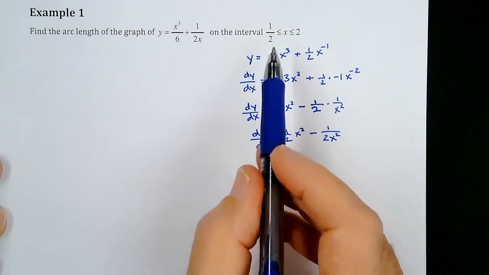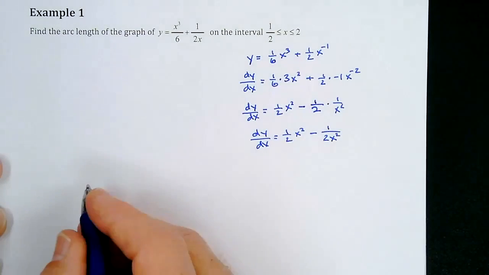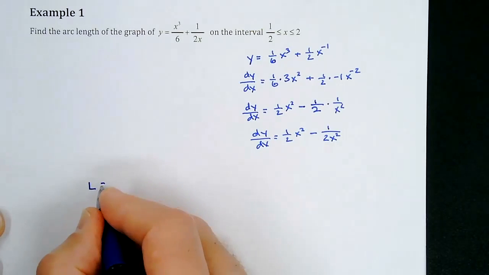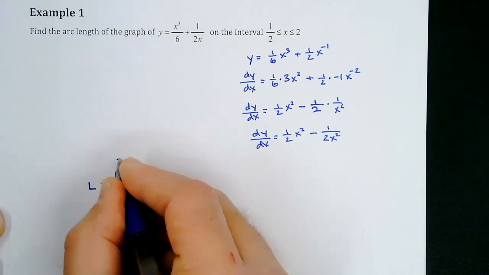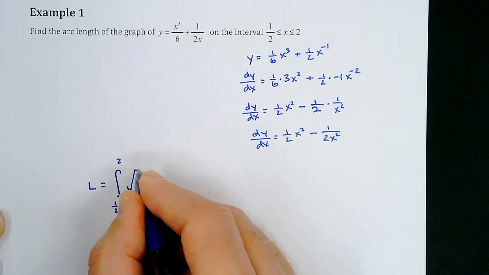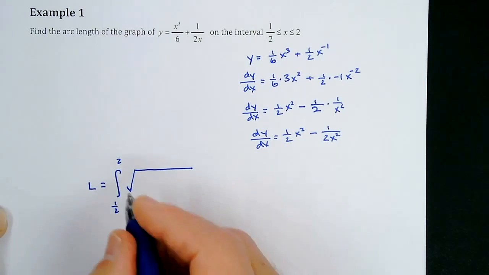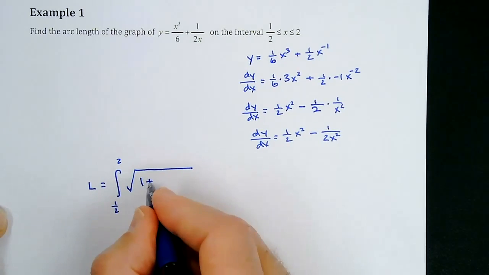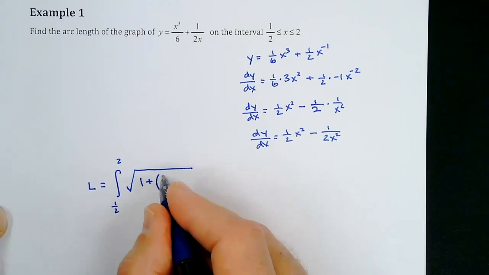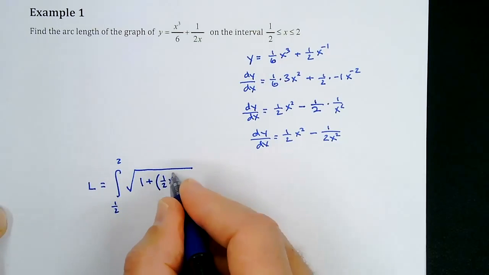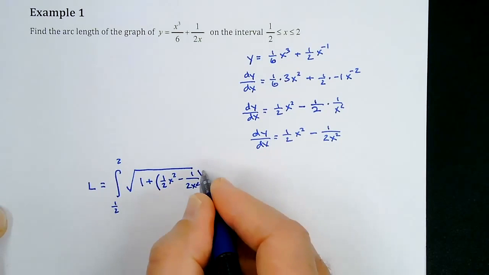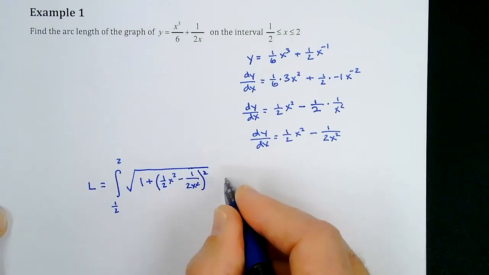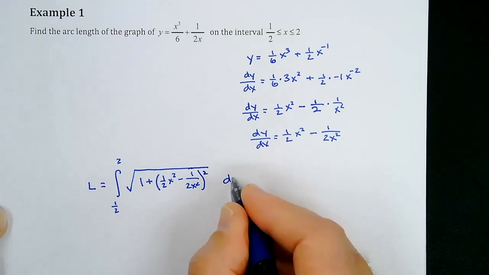Okay, so we want to find this from 1/2 to 2. So the length would equal the integral from 1/2 to 2, the square root of, and it would be 1 plus, and then we need to square this, my dy over dx, so that'd be 1/2 x squared minus 1 over 2x squared, and then our dx.